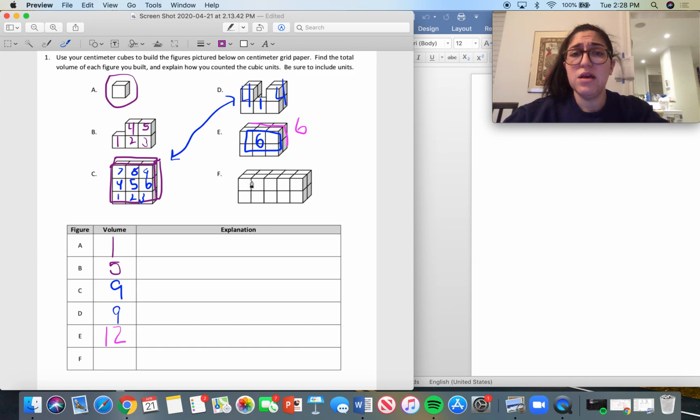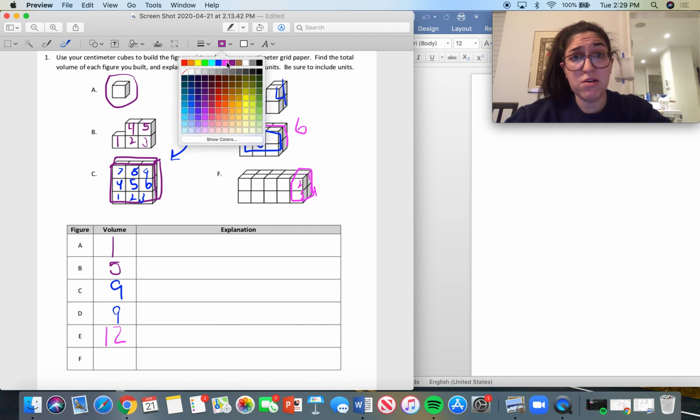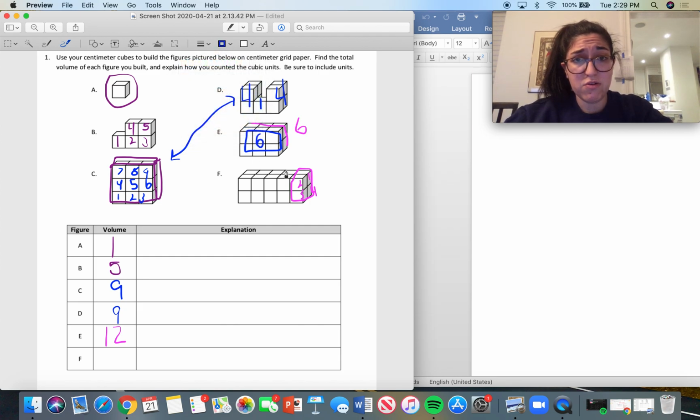Last one. All right, I'm going to do different colors for this. I know that these 4 cubes, 1, 2, 3, 4. And if this one has 4, this bit here, then I can say with a good amount of confidence that this set here is also 4 because I can see 3 of them.